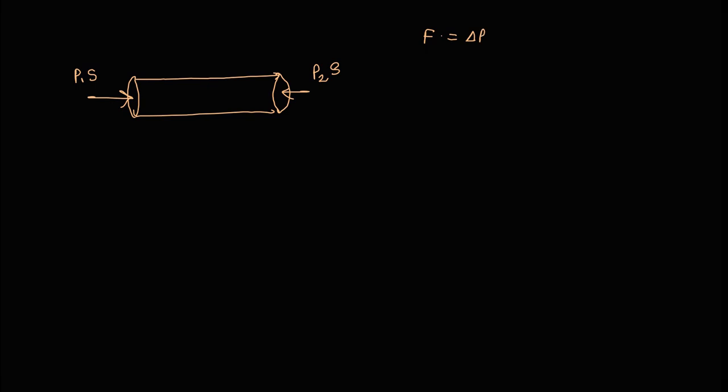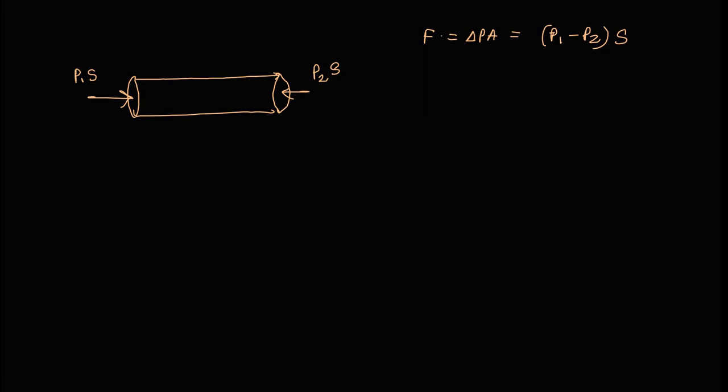So we can say that over here the pressure that is exerted and hence the force is equal to P1 into S, and on the other side we have P2 into S, and the force can be written as delta P into area, that is P1 minus P2 into S.